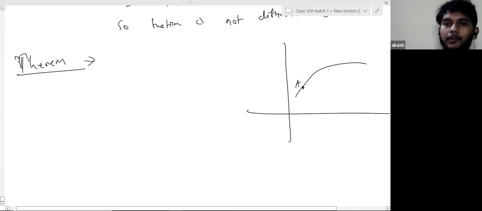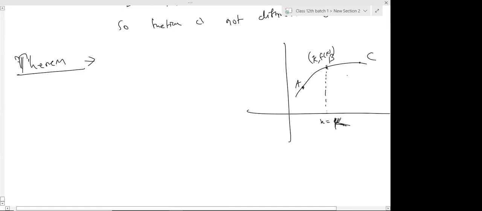This is a point A, this is B, and this is C. Suppose this is x equals to, let's call this x equals to K. So this will be K comma f of K. Yes or no? The coordinates of B, simple coordinate system.